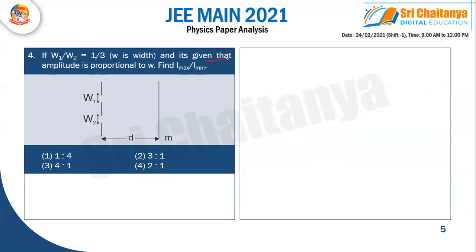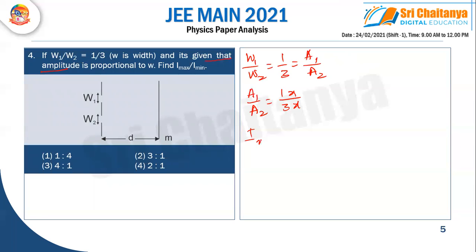Given that width is proportional to amplitude, and for that reason, if W1 by W2 is 1 by 3, I take amplitude 1 by amplitude 2 as 1 by 3. So I take a multiplication of x here. So A1 by A2, let me suppose, is 1x by 3x.